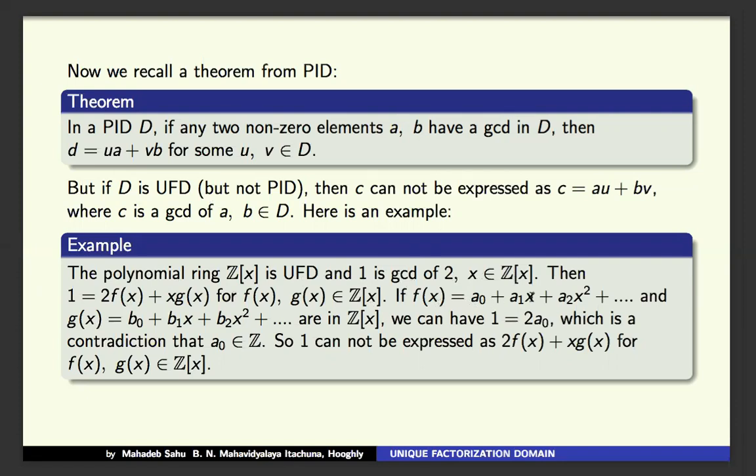Take these polynomials, then 1 equals 2a0, comparing constant terms. This implies a0 equals half. As f(x) belongs to Z[x], a0 must belong to Z. But here a0 equals half, which cannot belong to Z. So 1 cannot be expressed as 2f(x) plus x g(x) for f, g belonging to Z[x].